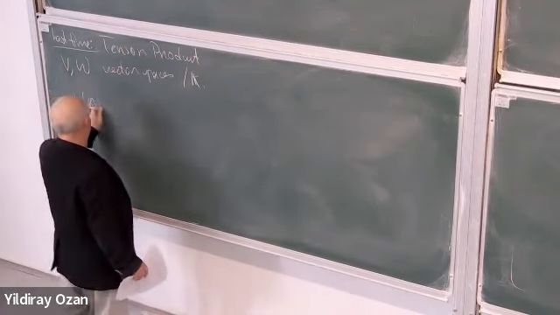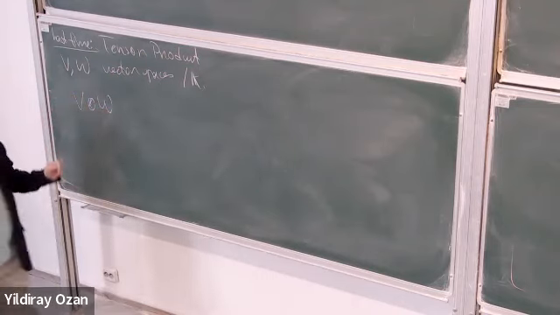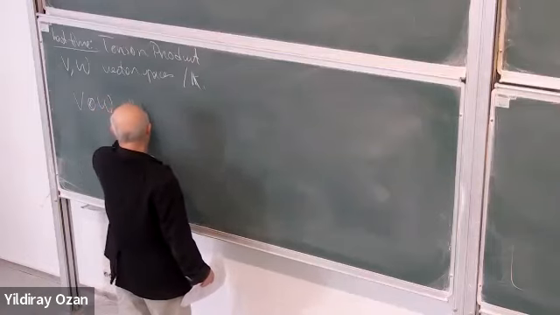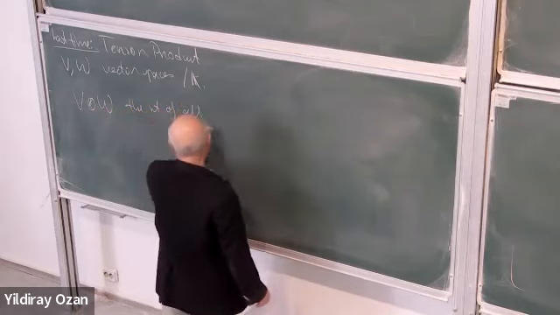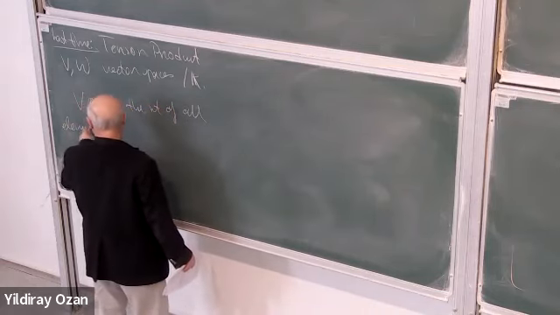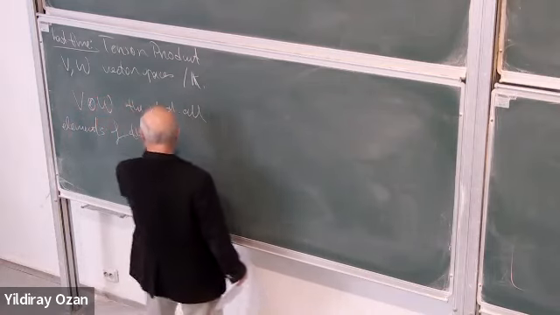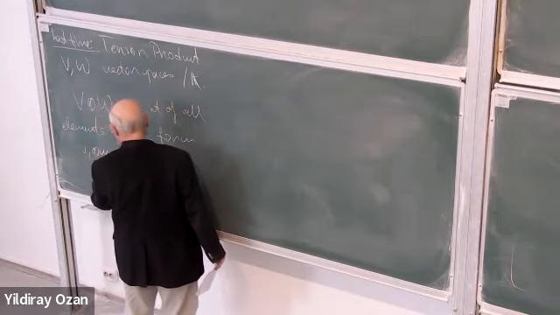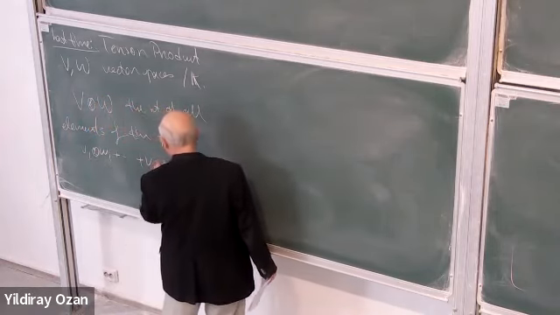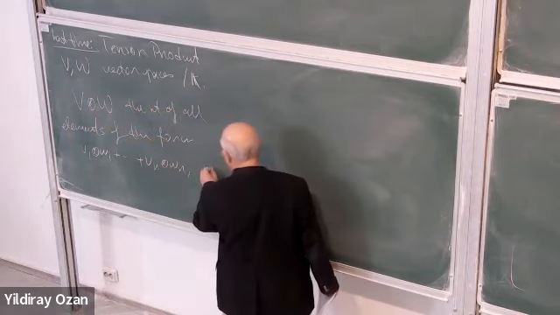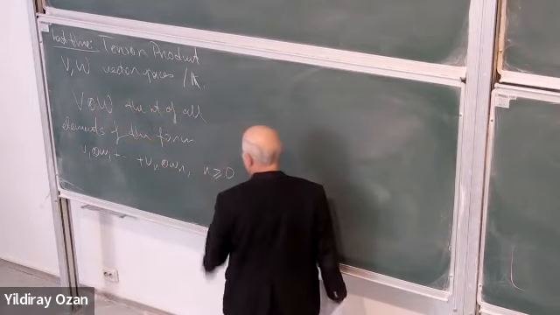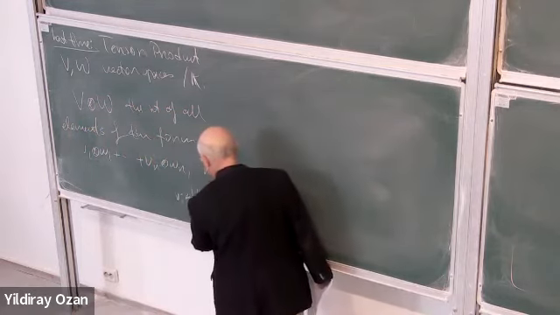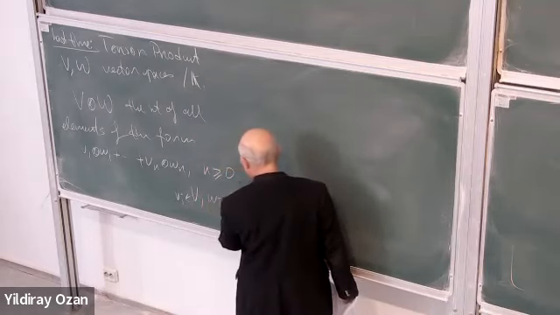Then the tensor product is denoted like this, and it is the set of all elements of the form v1 tensor w1 plus ... plus vn tensor wn, where n is a positive integer, and the vi's are from V and the wi's are from W, right?